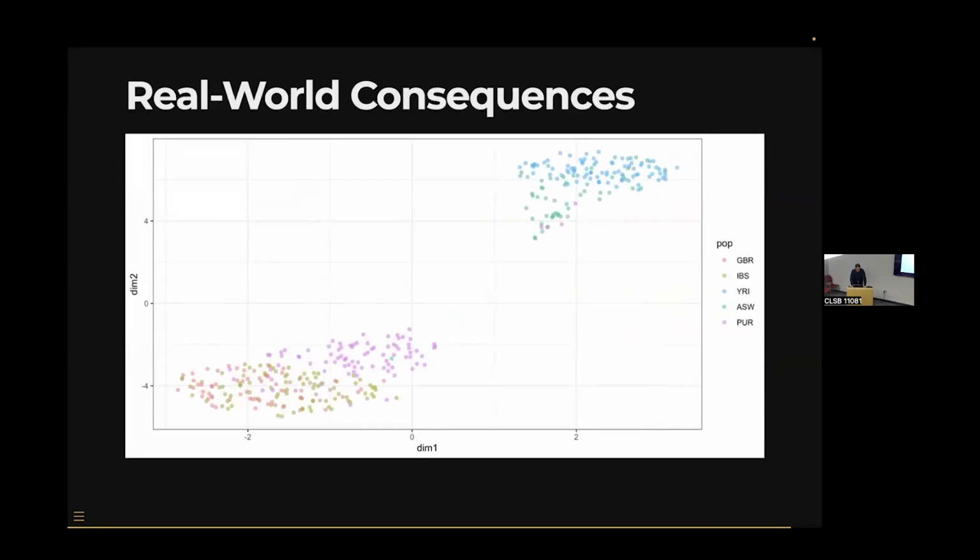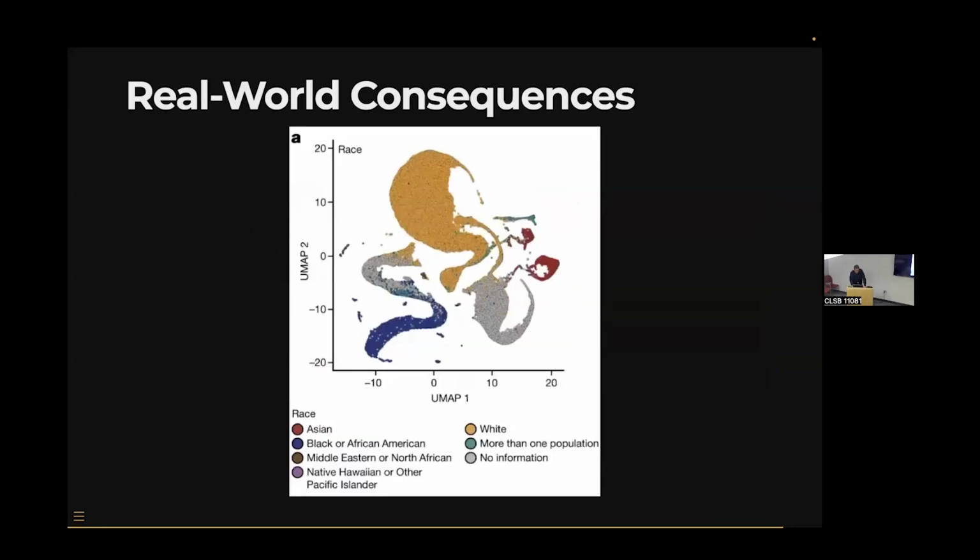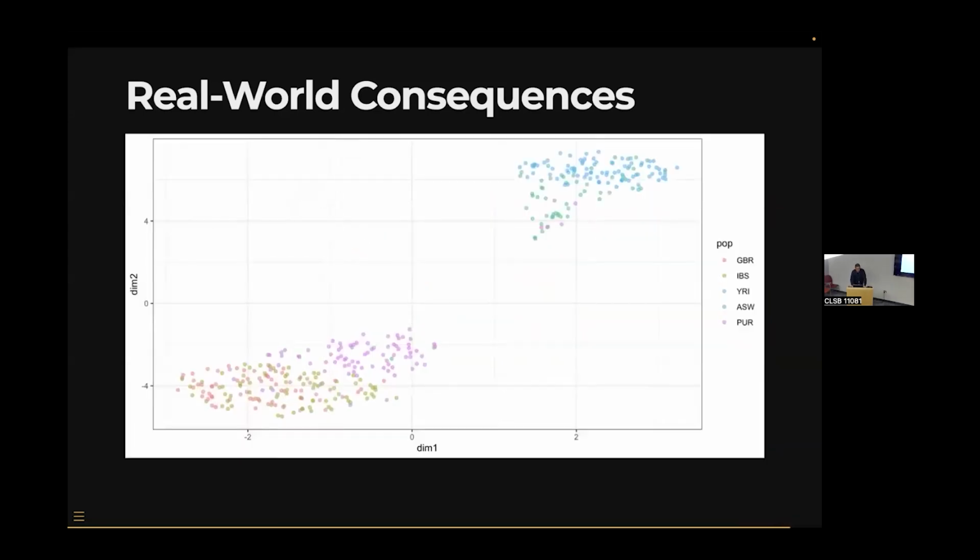So I'm going to focus on a specific group, and now All of Us data is not quite public and it's very hard to work with. So I went back to the one genetics data set that is really publicly available, the 1000 Genomes Project, where you can get the genotypes. I ran UMAP on 5 groups. I don't think these are self-reported.